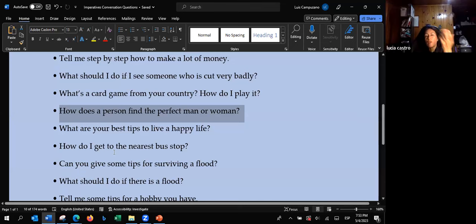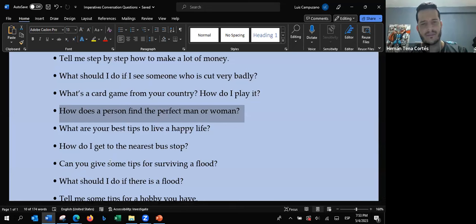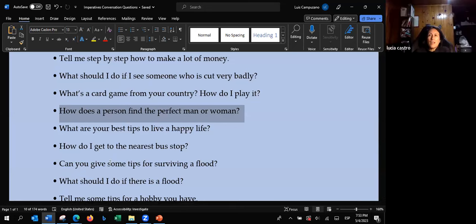Yes, because the woman, I think, wants to have a family with the other person, or not to have a family. No, it's possible. This person was the perfect person for him or her.